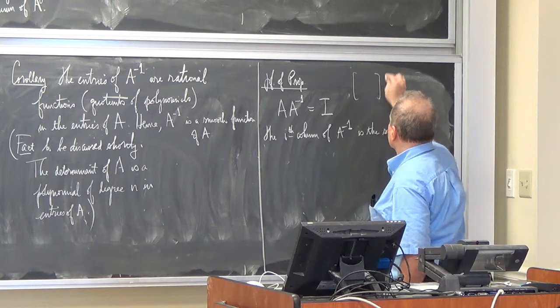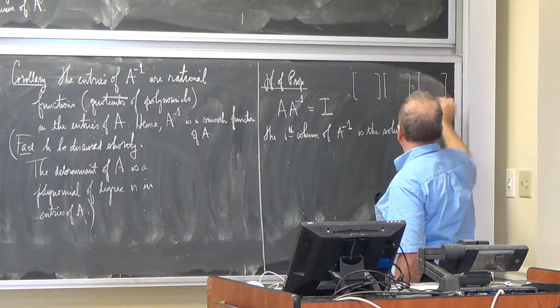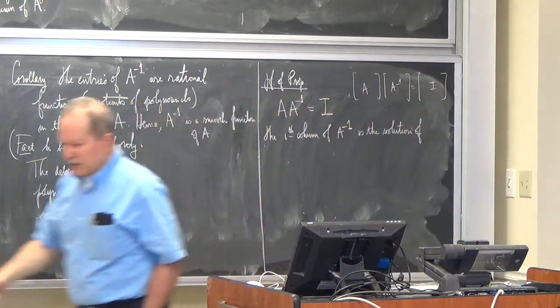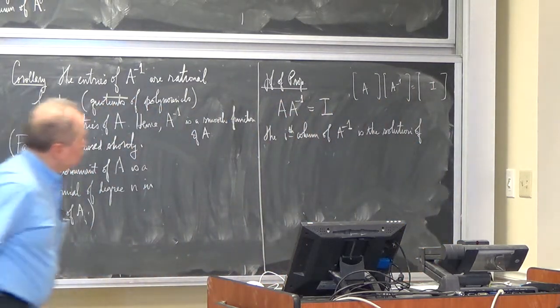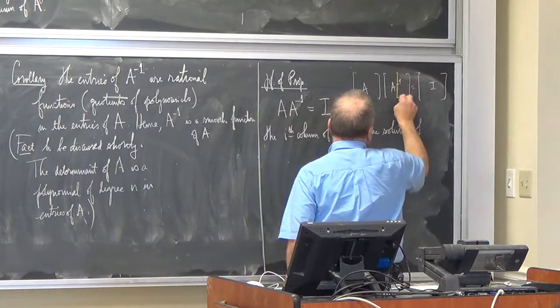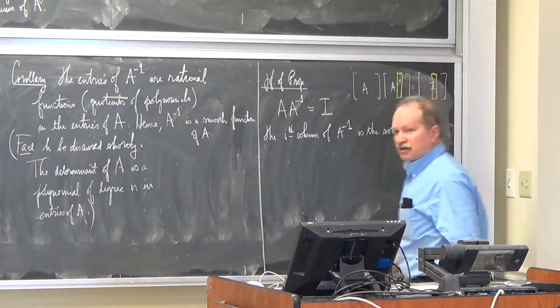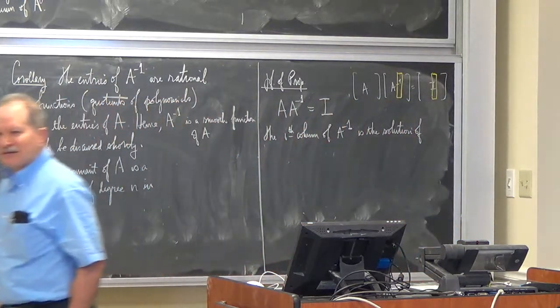A times A inverse equals identity. If I'm interested in the ith column, then I want that to match up to the ith column of the identity matrix.